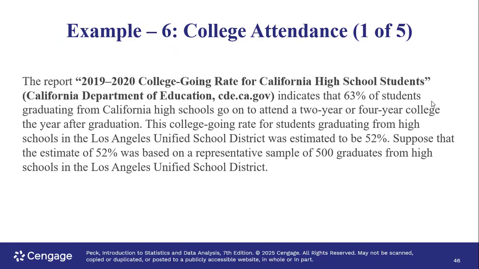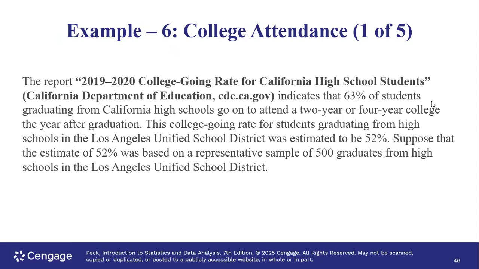So 260 students out of 500 graduates go on to attend college within the same year of graduation in Los Angeles Unified District. So X, the number of successes, is 260. I need that information if I use the calculator. Remember, the number of successes is 260 out of 500, which gives me the sample proportion of 0.52 from this problem statement. So I press the stat button.